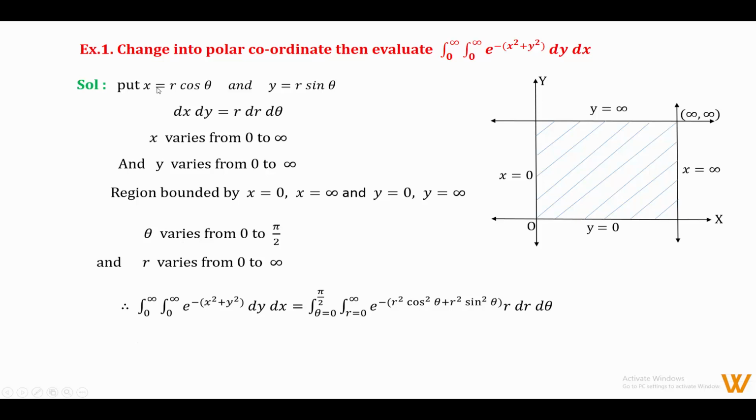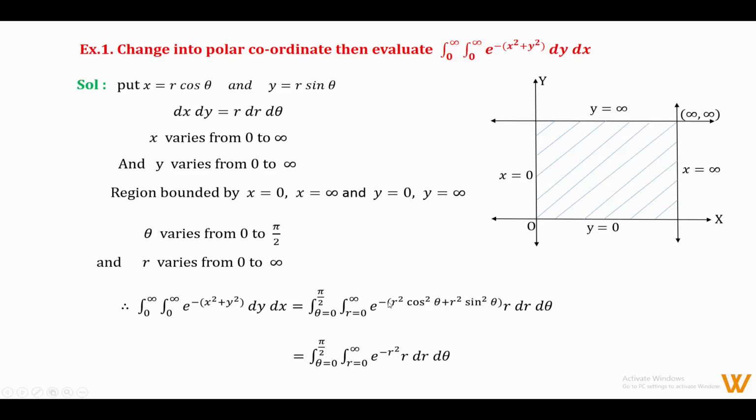Put the value of x is r cos theta, so x square becomes r square cos square theta, plus put the value of y is r sin theta, so y square becomes r square sin square theta, and the value of dy dx is r dr d theta. Therefore it is equal to integration, limit theta varies from 0 to pi by 2. Next integration r varies from 0 to infinity, e raised to minus r.